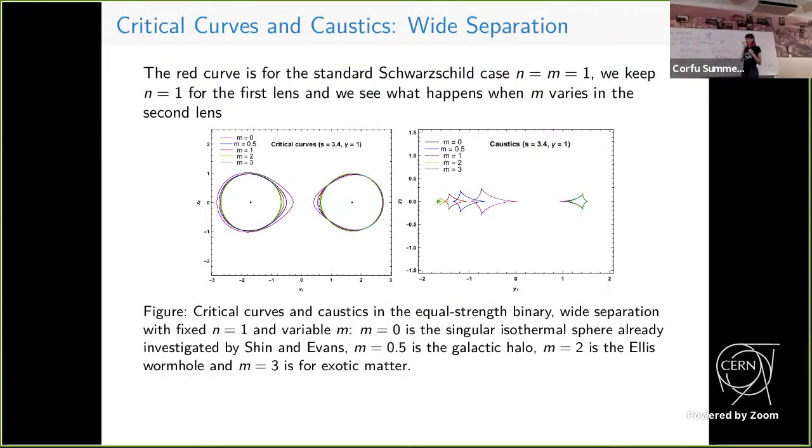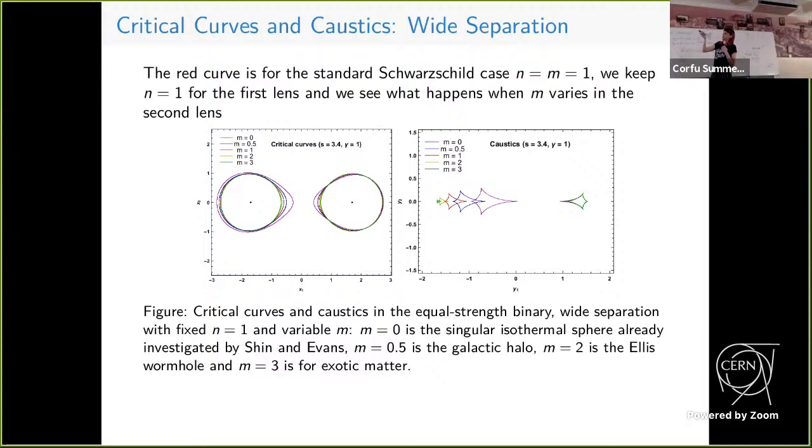These are my results. I extended this symmetric study to a generic one. I keep fixed the index for the first lens, n equal to 1. So the first lens is a standard object, a Schwarzschild object, and I vary the index for the potential of the second lens. We can see what happens.